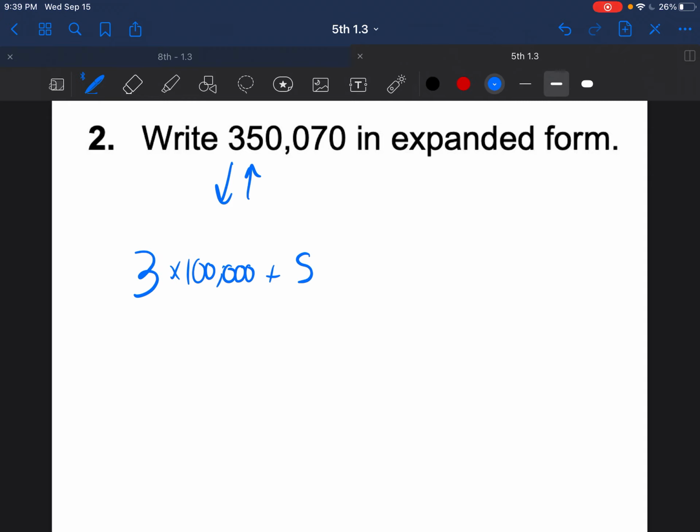That's in the 10,000s, times 10,000. We got a 0. So nothing, nothing. Plus 7. That's in the tens value, times 10. And that's it. So you'll have 350,070. All right. Let's see if we can move forward with some of these other problems.